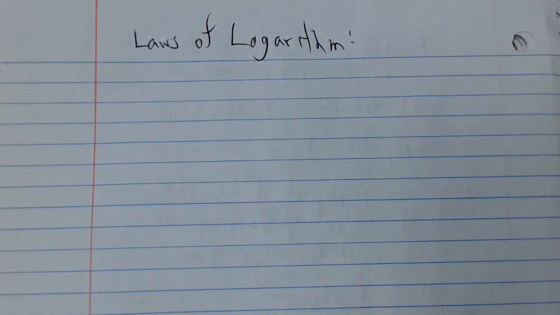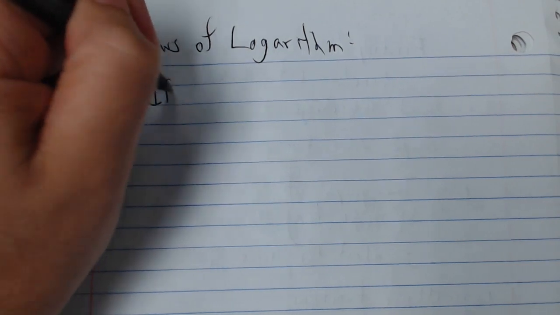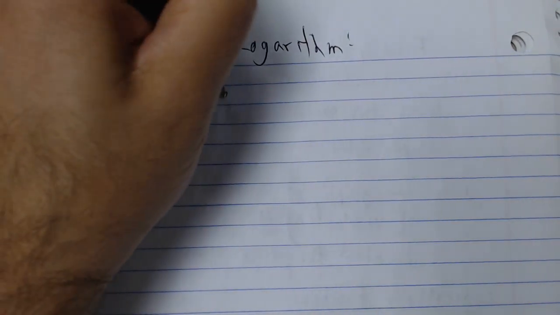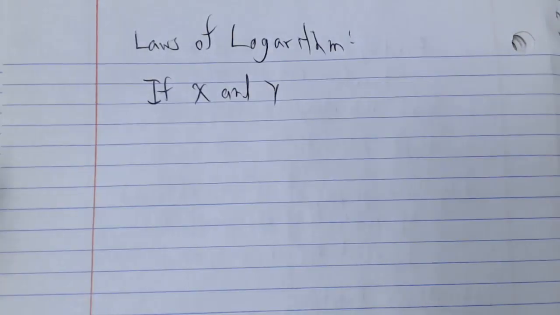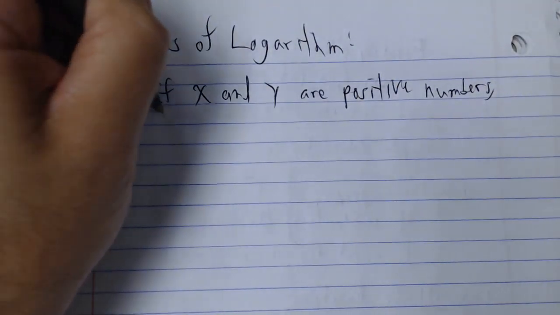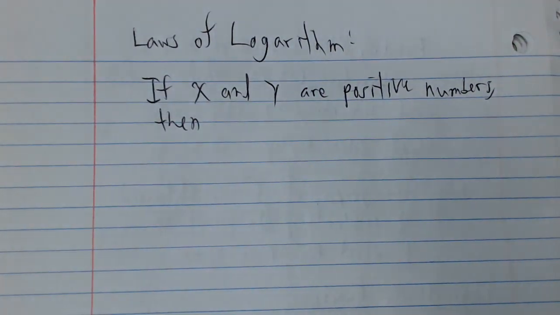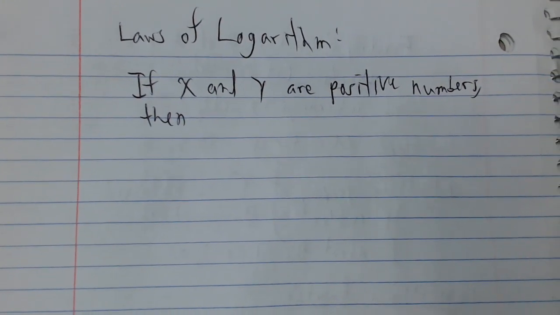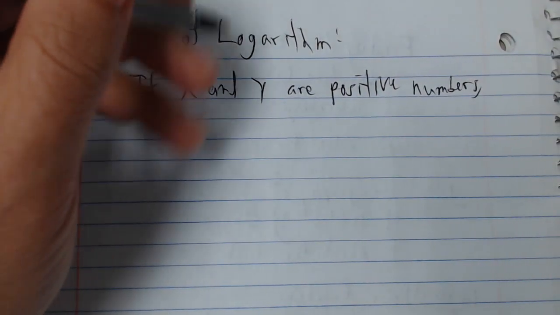Here are the laws that we have. If x and y are positive numbers, then we have these properties or laws of logarithm, which I'm sure you're pretty familiar with.